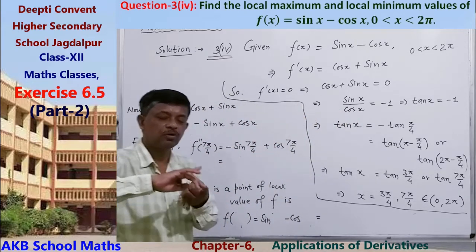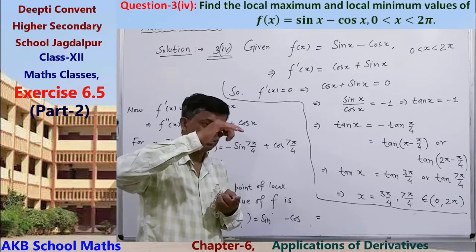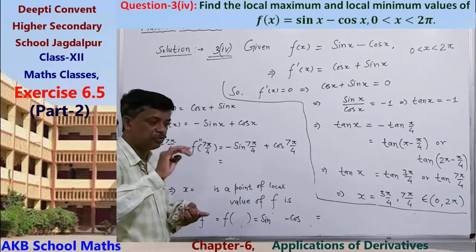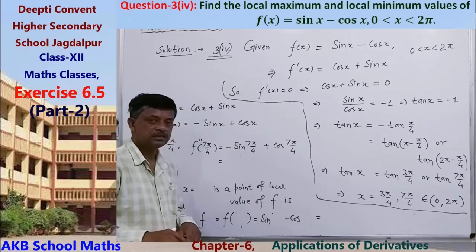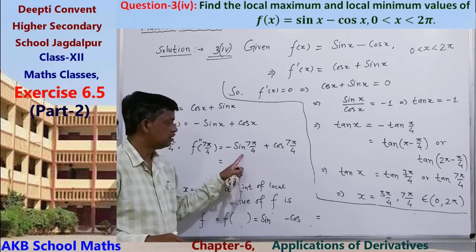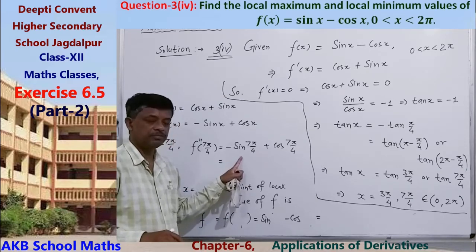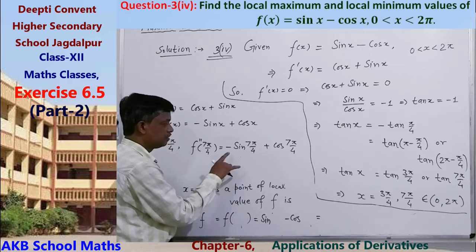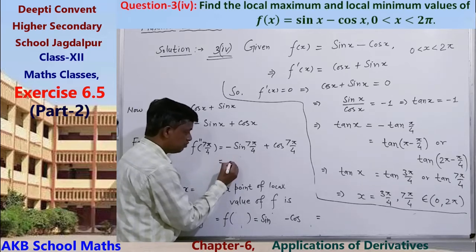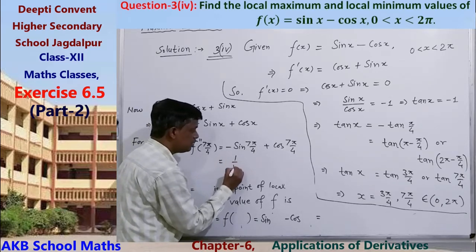That means it is in the fourth quadrant, and in the fourth quadrant sine is negative. So minus minus plus 1 by root 2.